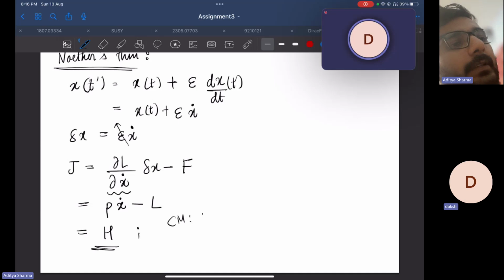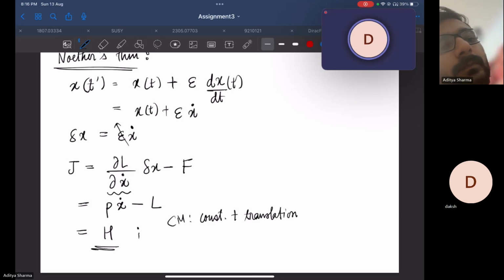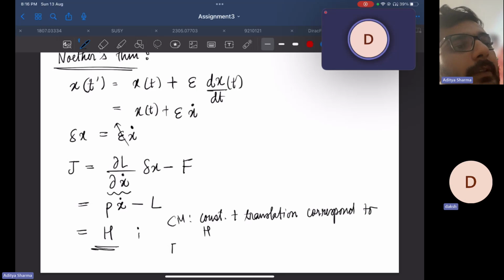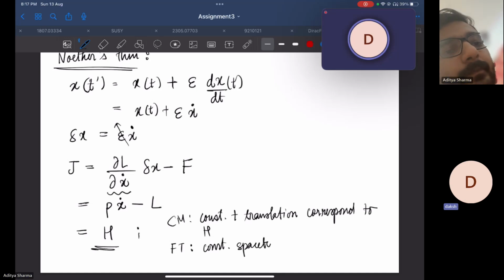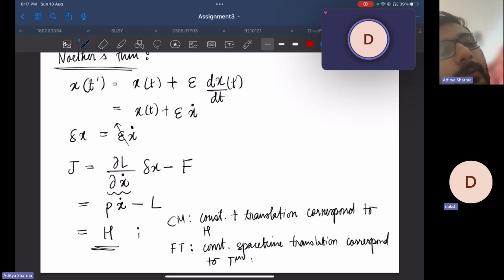In classical mechanics, constant translations correspond to H. In field theory, constant space-time translations correspond to the stress tensor.